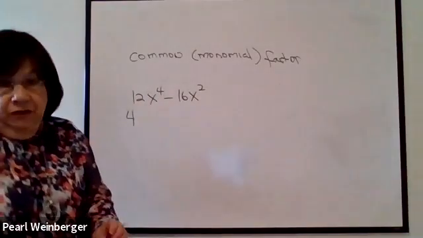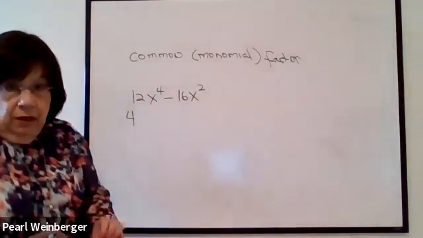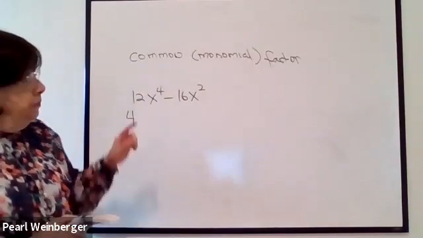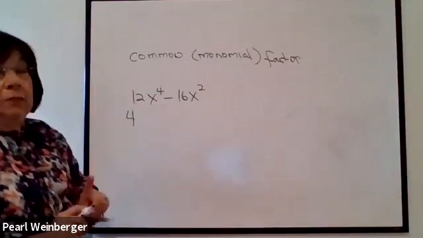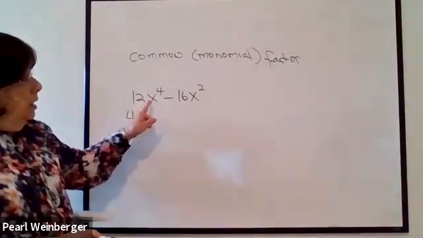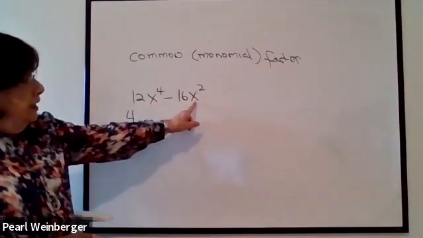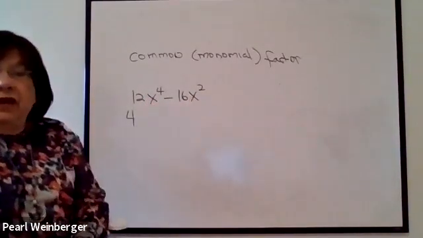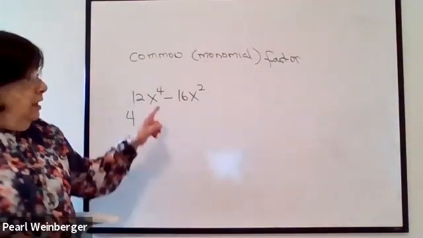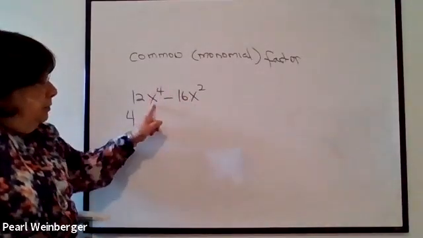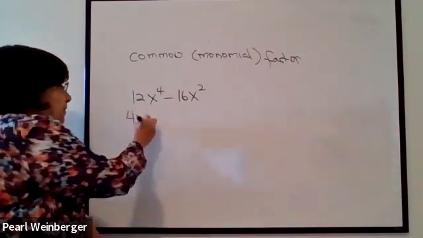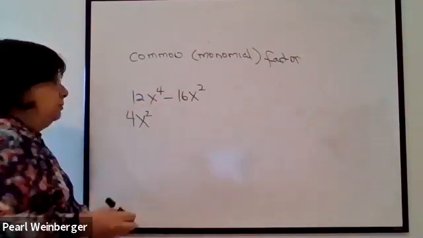After you've found the common factor of the numbers, then you go on to the variables. And the variable part is actually going to be easy. This is an x fourth and this is an x squared. The common factor is always the lower exponent. If they both have x's in them, then take the lower exponent, which in this case is x squared, and that will give you your common factor.